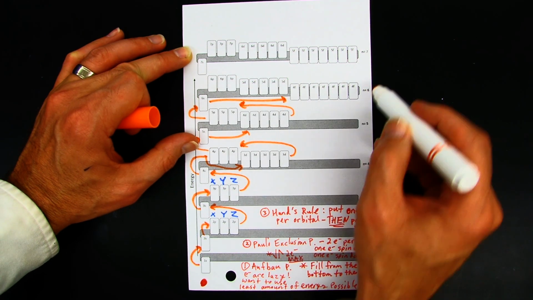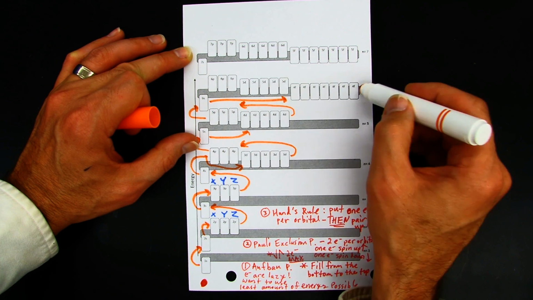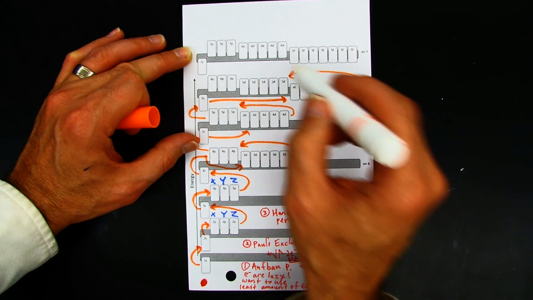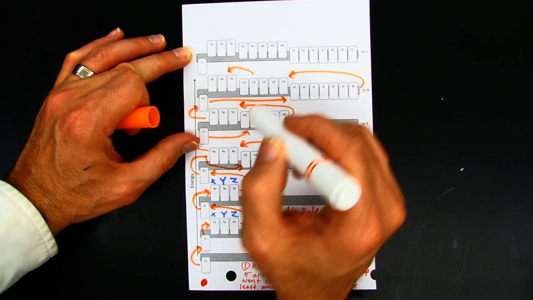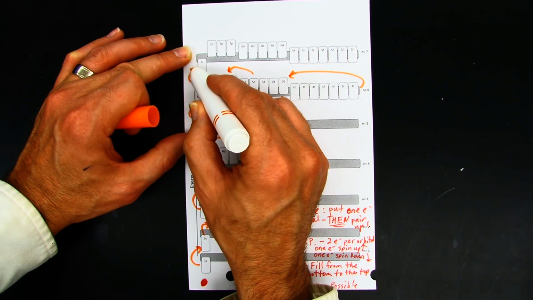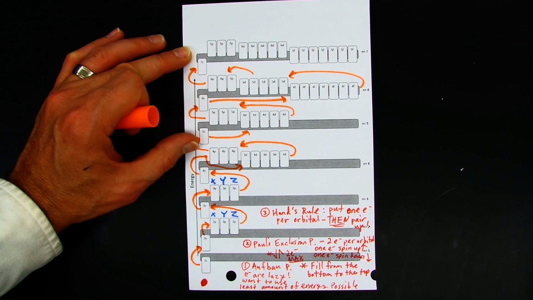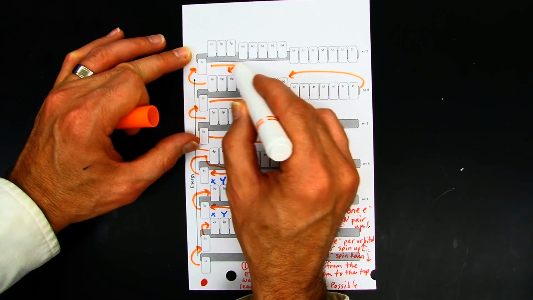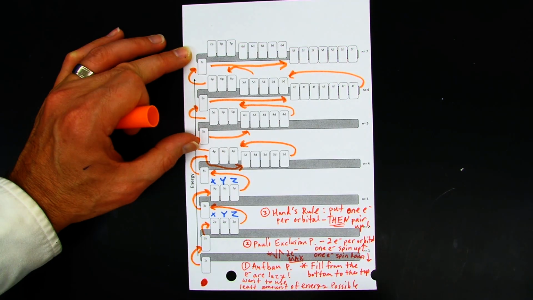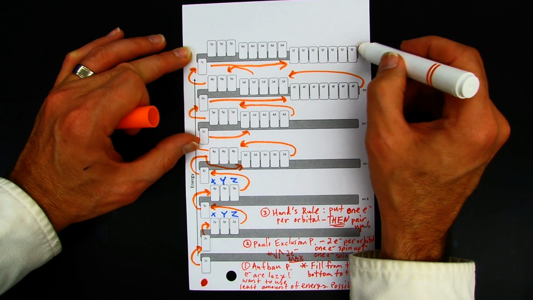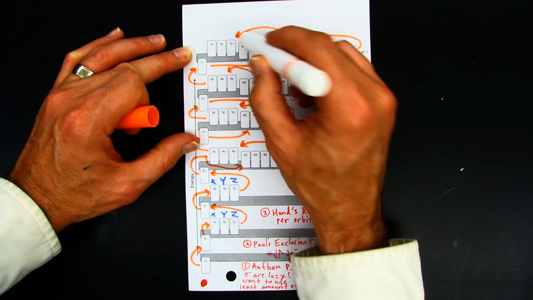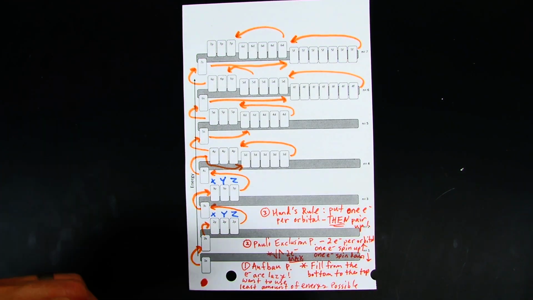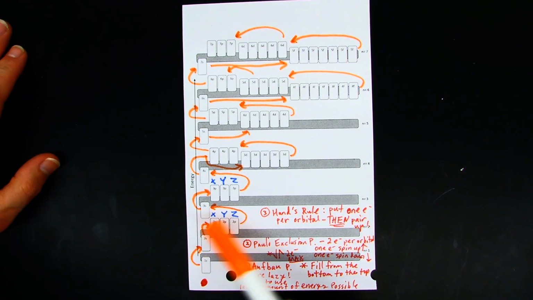Now we're going to the 4f, and then to the 5d, from the 5d to the 6p, 6p to the 7s, and then from the 7s to the 5f, 5f to 6d, 6d to 7p, and so on. So that is following the Aufbau principle.